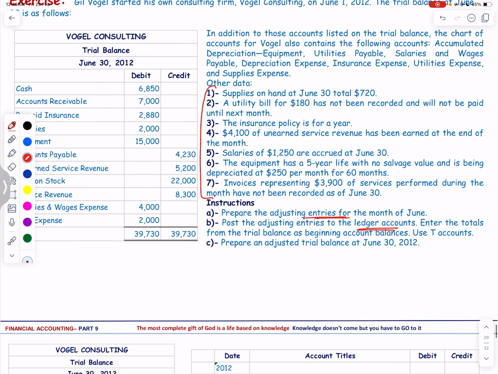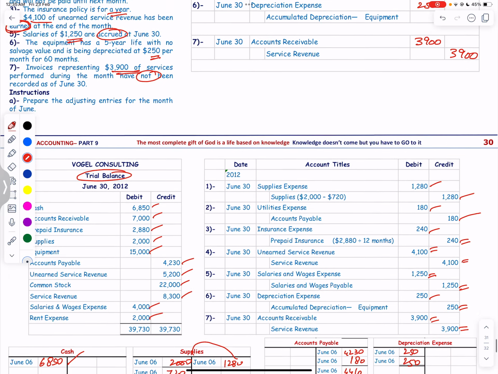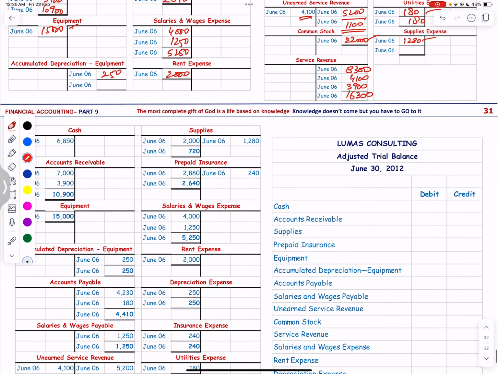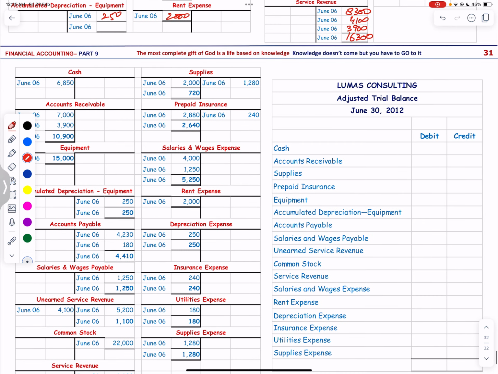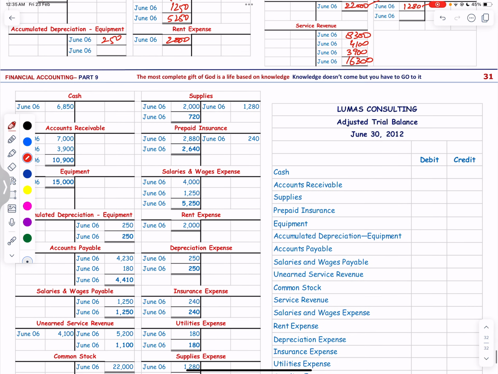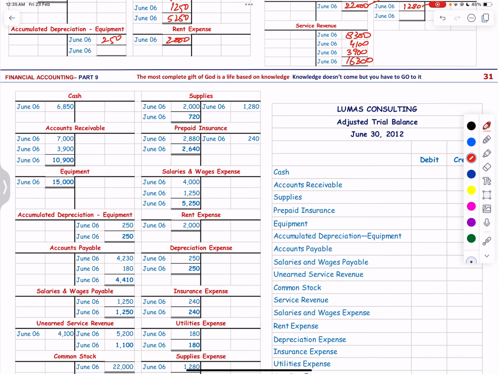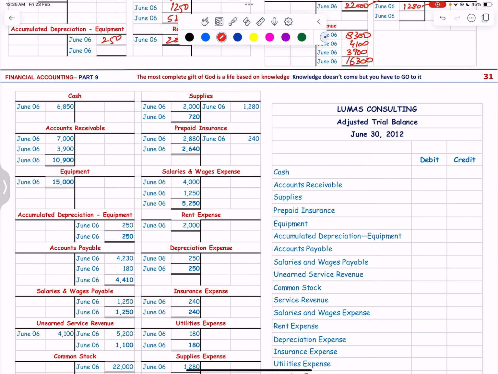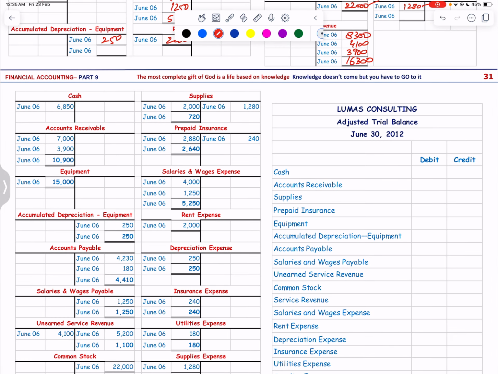So we have posted the adjusting entries to the ledger, and now we have to prepare the adjusted trial balance. And when we prepare the adjusted trial balance, let us see what we do. Once again we are going to have all the T accounts that we have made just now. I have simply put them on the left hand side, and we will simply transfer these numbers.